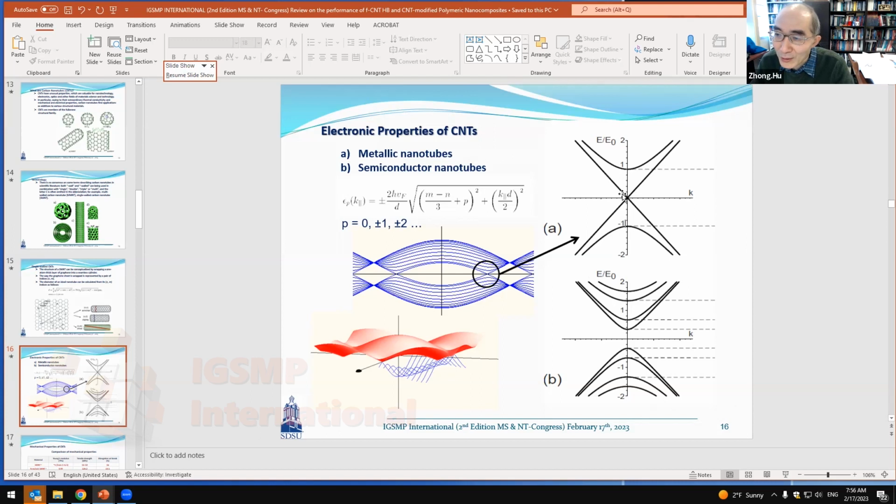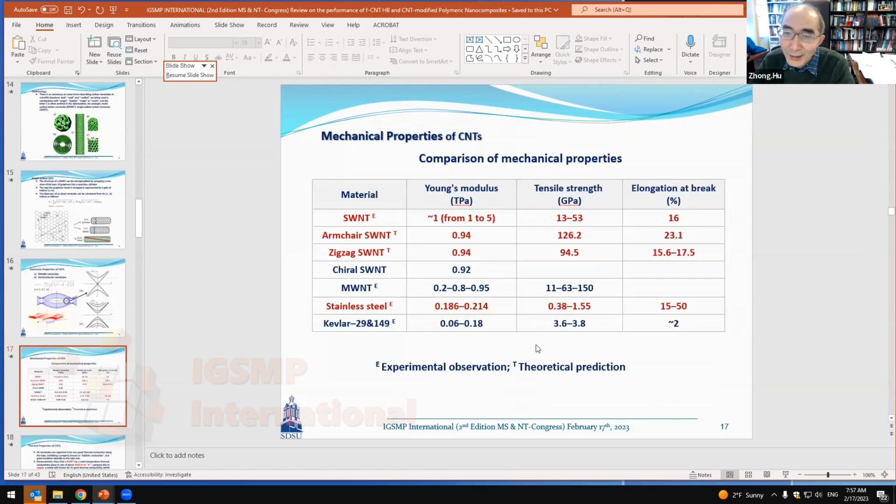Sometimes the orbital is not connected, so it performs like a semiconductor. If it is connected, electrons can easily transfer from one atom to another, so it performs like a metallic. So it depends on the rolling angle.